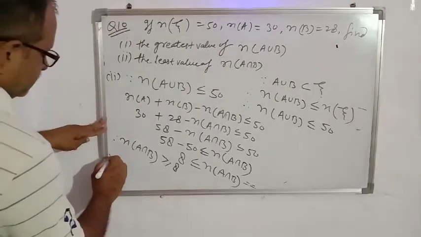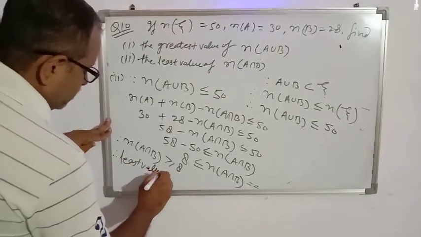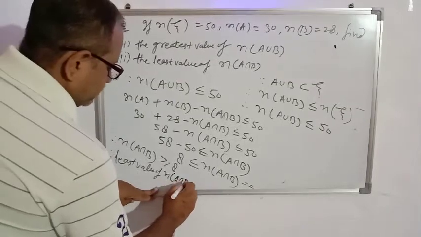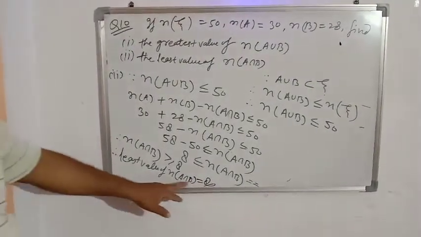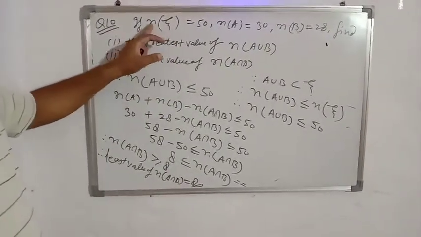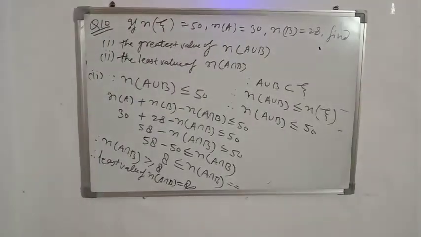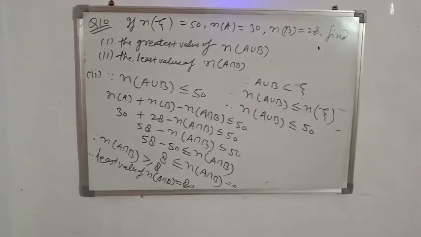Therefore the least value of n(A intersection B) is 8, and the greatest value will be equal to the cardinal number of the universal set, that is 50. So it was question number 10. Now we will discuss question number 12.